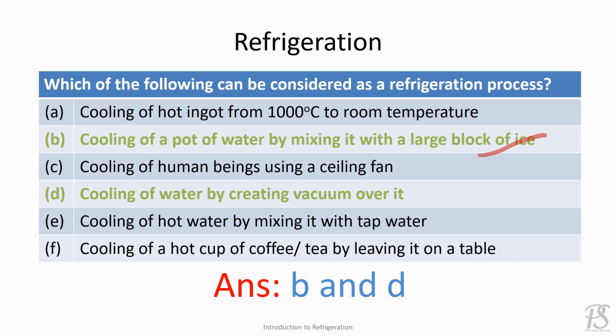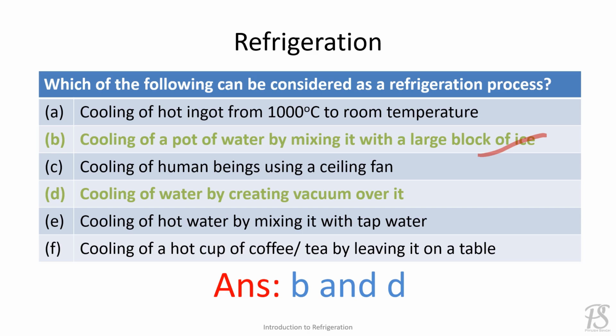Also, in case D, by creating a vacuum over the water surface, evaporation occurs at a much lower temperature, and the water undergoing evaporation absorbs the latent heat of evaporation from the remaining water in the container. The remaining water is cooled down and subsequently reaches the saturation temperature at the given pressure.